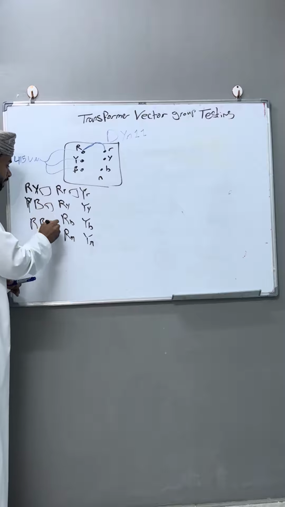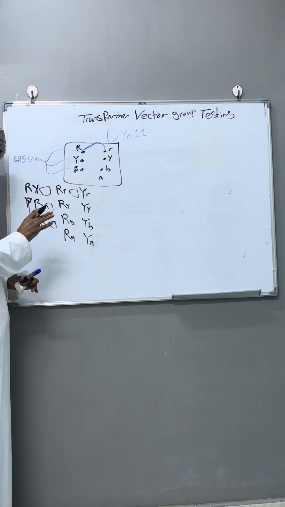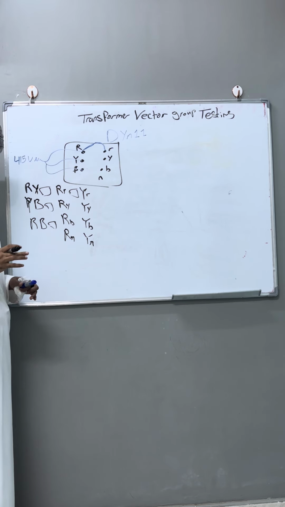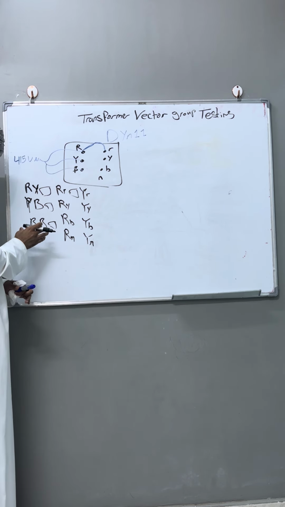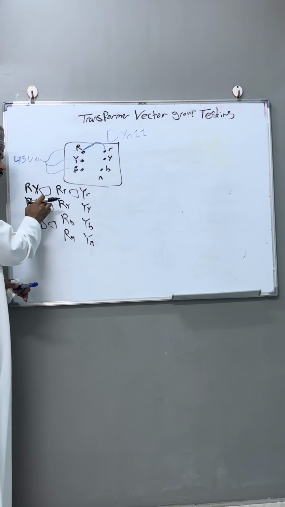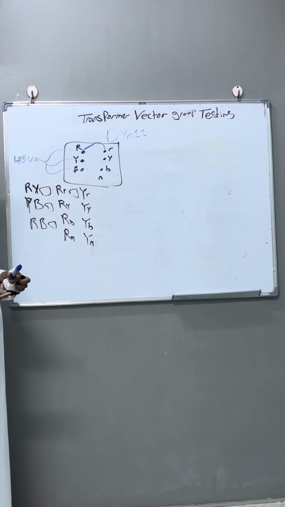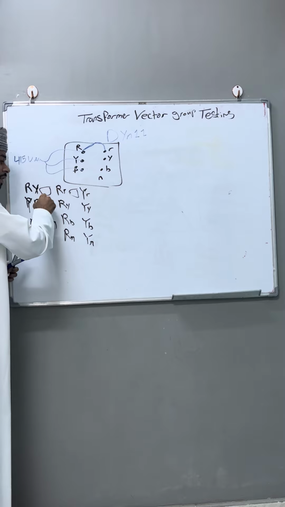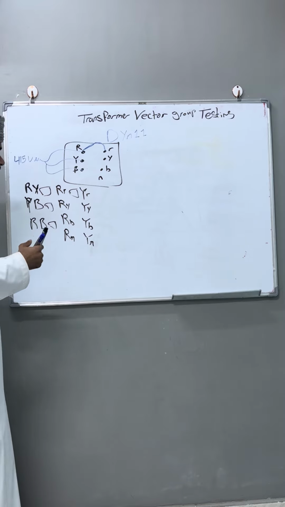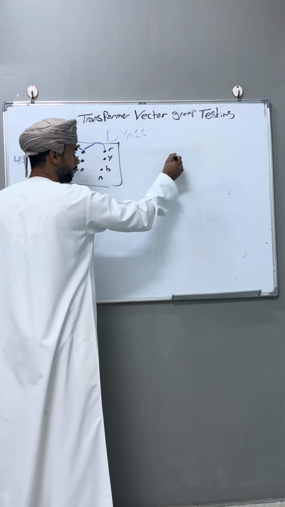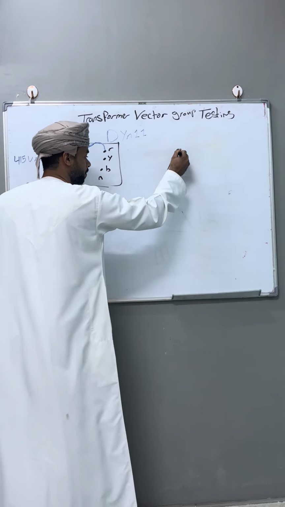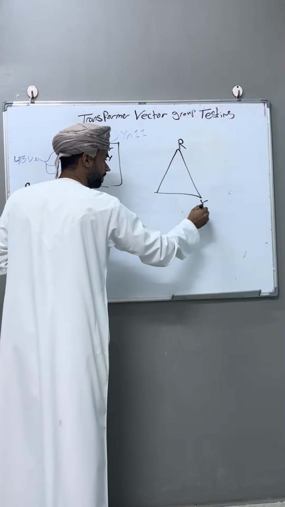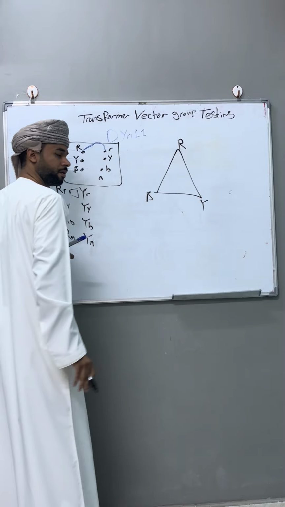Now I want to check that my readings are okay. I take the readings, but how will I know whether they are okay or not? How do I check that? To ensure the readings are okay, first I will draw the delta connection, as we explained in the previous video: R capital, Y capital, and B capital.